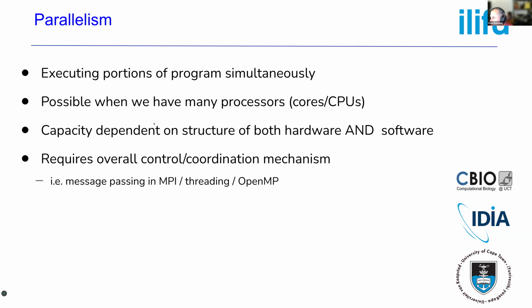This can be done in various ways, but is usually achieved with frameworks or libraries such as MPI, which is a message passing interface. There's traditional threading, and then there's OpenMP, which is open multiprocessing. And this is a framework for doing threading. So it kind of simplifies threading in a way.